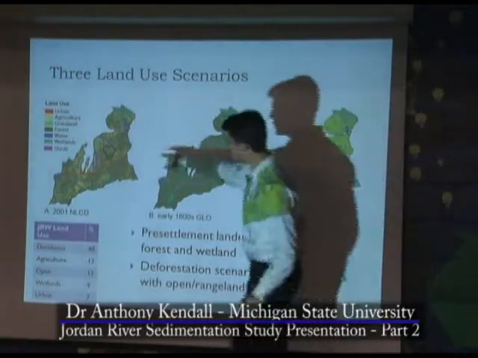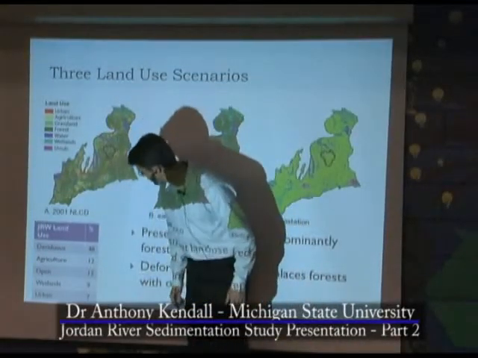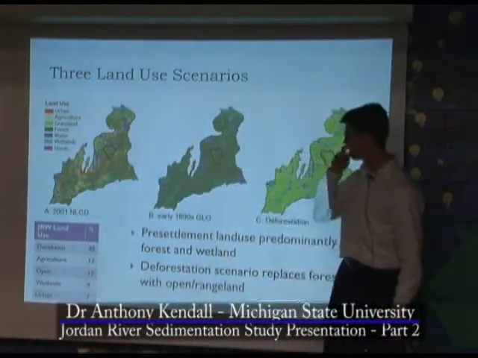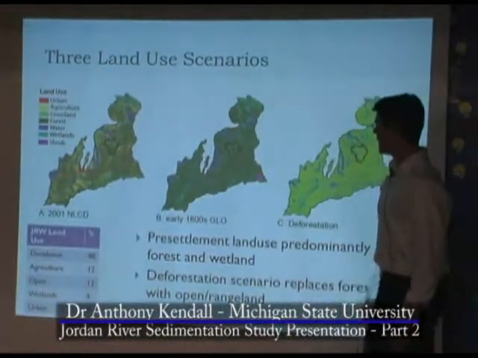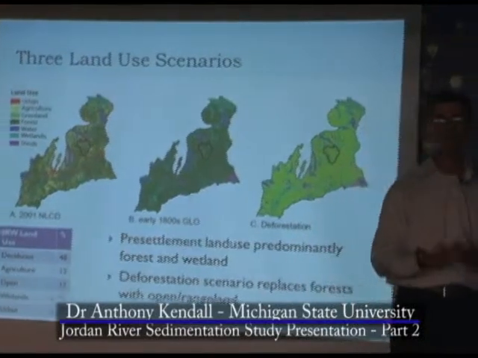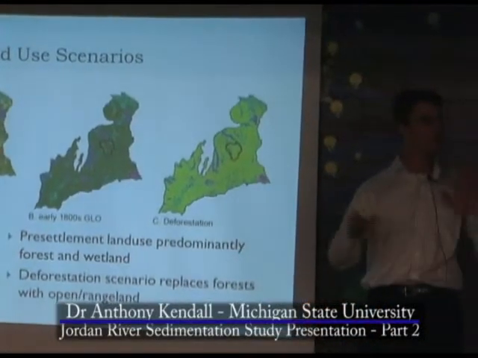And if we look at the distribution for the Jordan River watershed today, we see it's about half deciduous forest. And actually there's surprisingly little coniferous, so most of the coniferous is in wetlands, so it's classified as wetlands rather than as forest. Then there's a map available that some people put together using early 1800 General Land Office surveys of what trees there were.